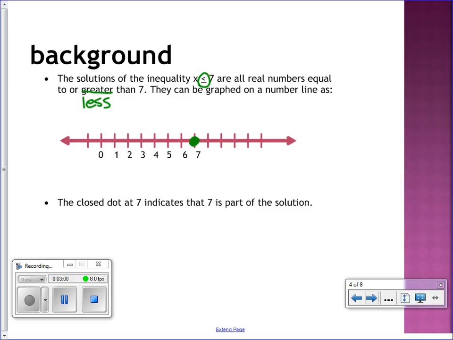This indicates that it includes 7 as well. And then in this example, it's everything less than 7 or equal to it. So again, I'm going to make a nice big fat line to show all the numbers that are less than or equal to 7.